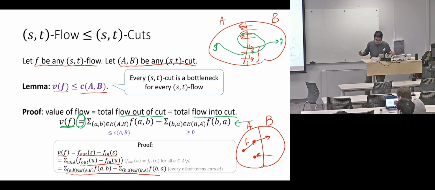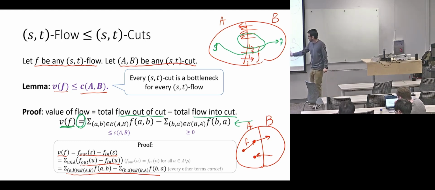If I have an edge here with some flow value, it's going to contribute plus to one endpoint and minus to the other endpoint. So it just gets cancelled, right? It's inflow in one node but outflow on another node.